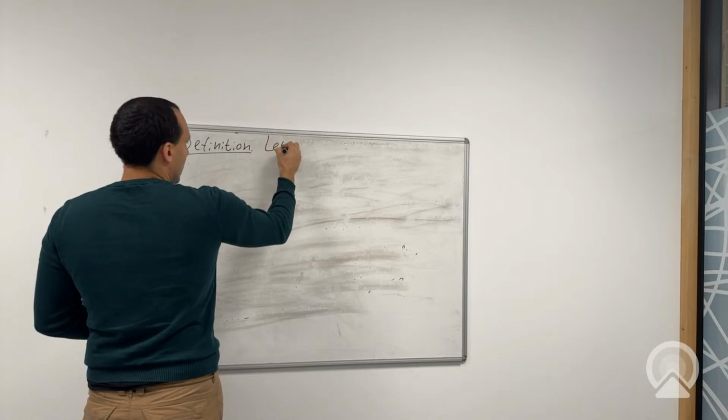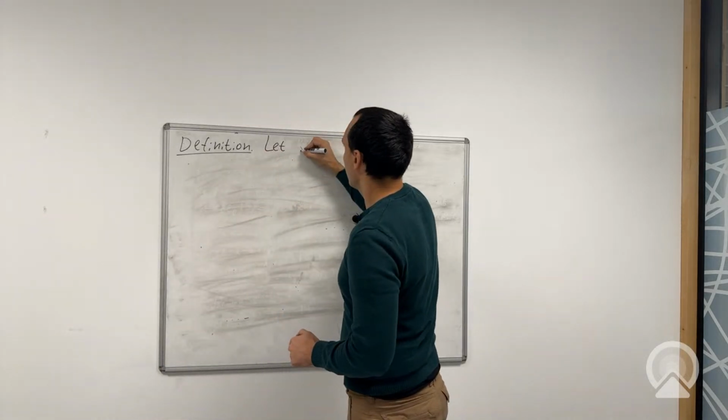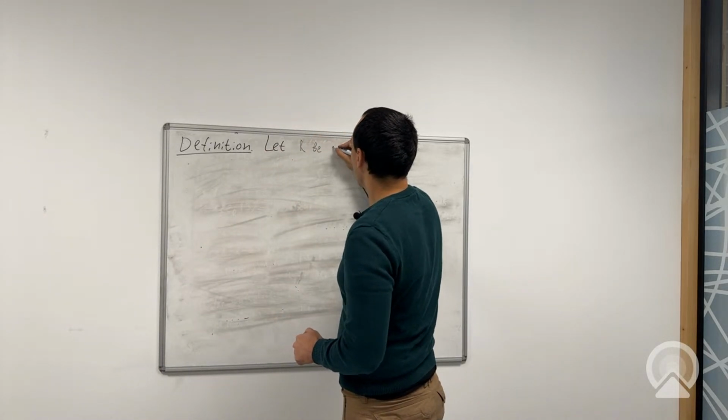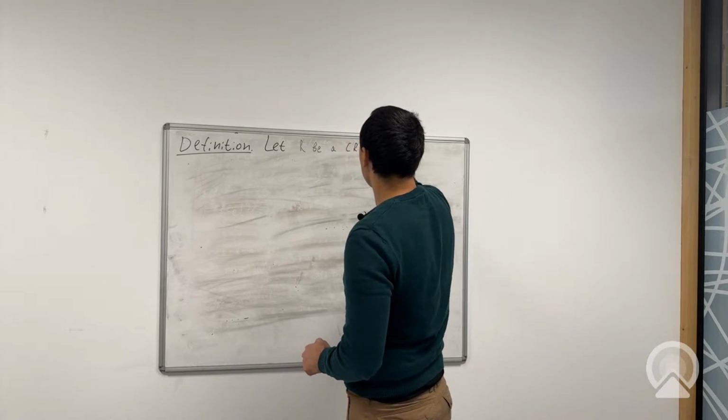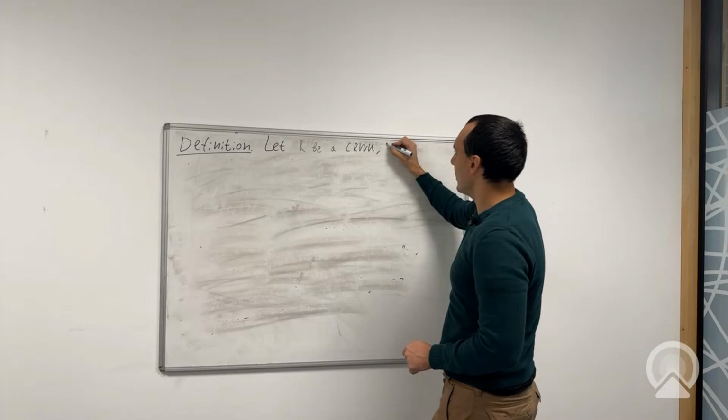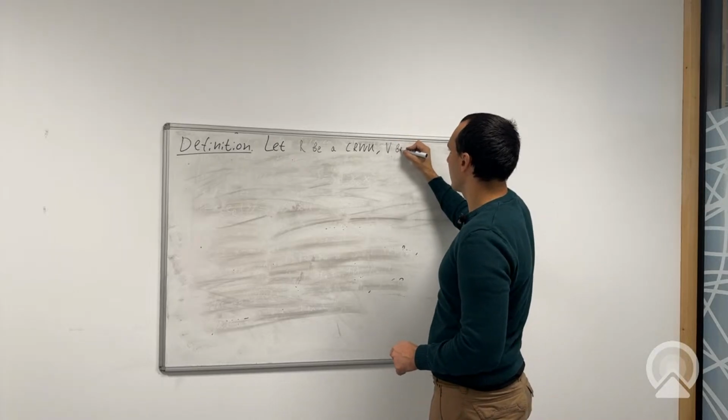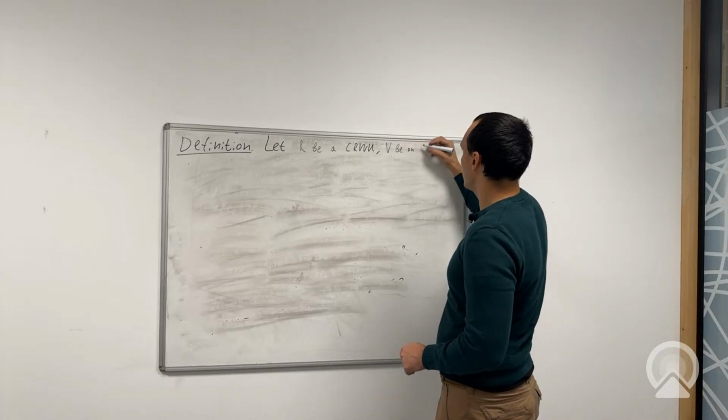Let, as usual, R be a commutative ring with unity, and V be an R module.